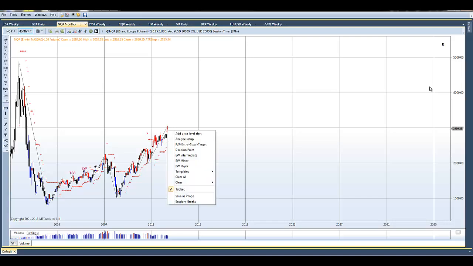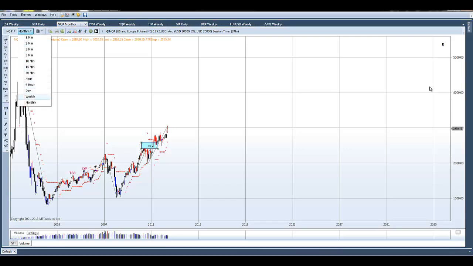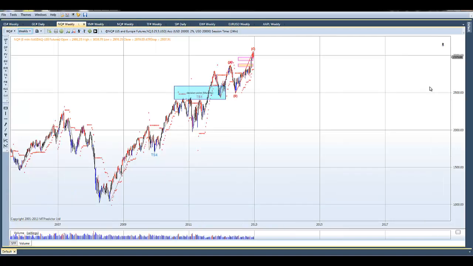I don't think there's any real clear pattern there. We've gone through the last decision point here. That gave us the next leg up, and so it's got room to move there. It's going to be more impacted, I think, by the S&P and the Dow.